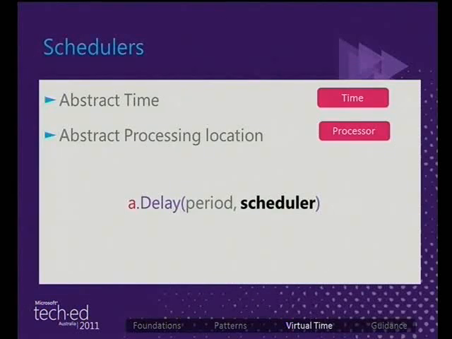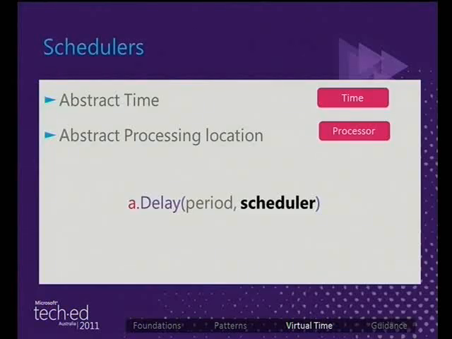This works through, as I said before, schedulers. What a scheduler does is provide a .now property to say when's now, and a scheduling capability to say, run this action at some point in the future, or as soon as you can. How this ties into the Rx operators is that every operator which is time dependent takes a scheduler as a parameter.